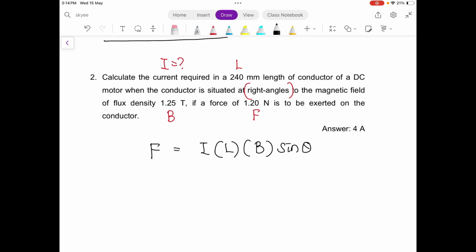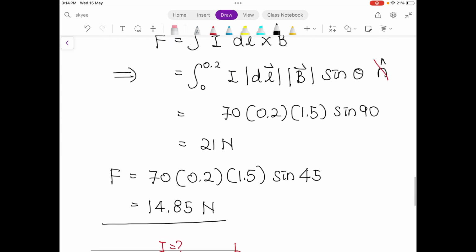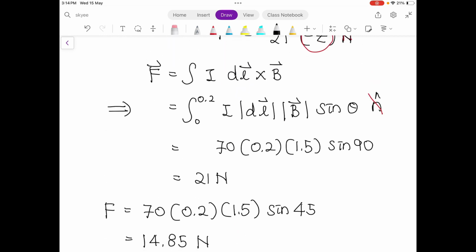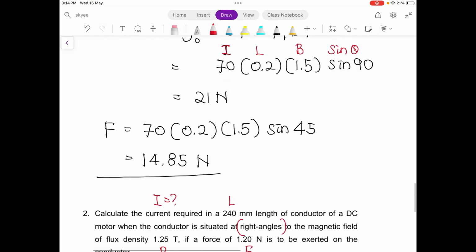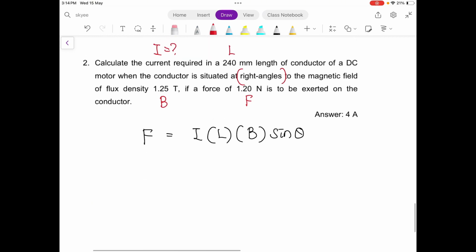Where is this from? This is from here, right? You have the I, the L, the B, and the sine theta. Exactly from here, because in this case we don't really care about the directions.